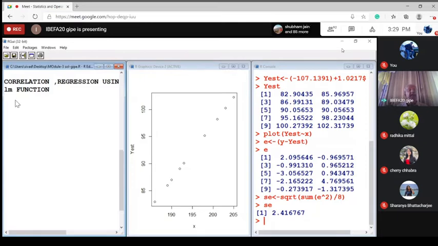LM means linear model. So I say model equals LM of y by x. Finished. And I say, give me the summary.